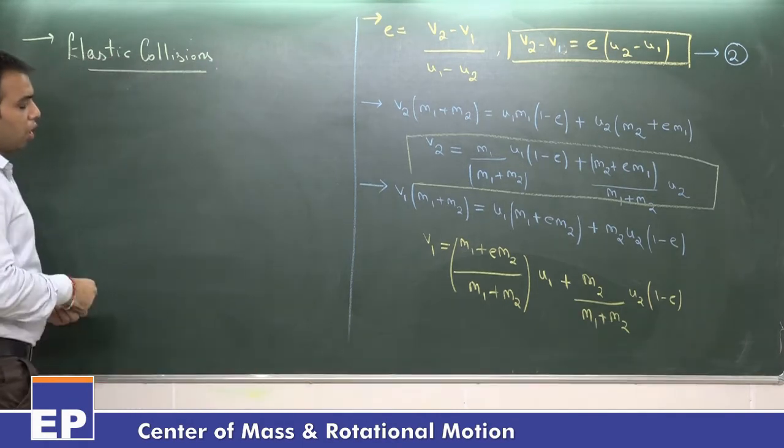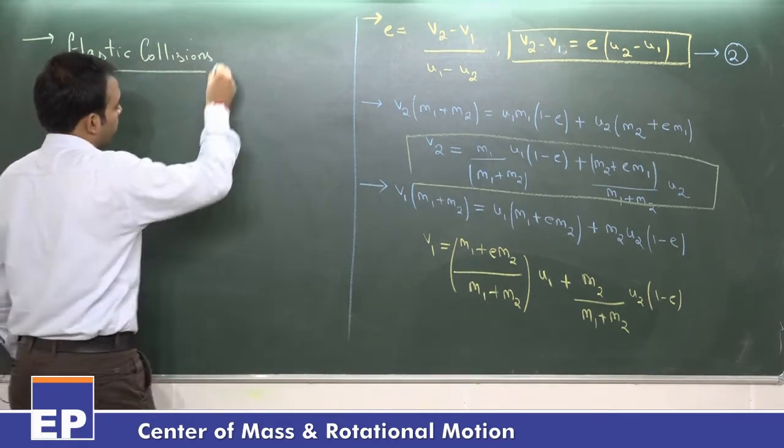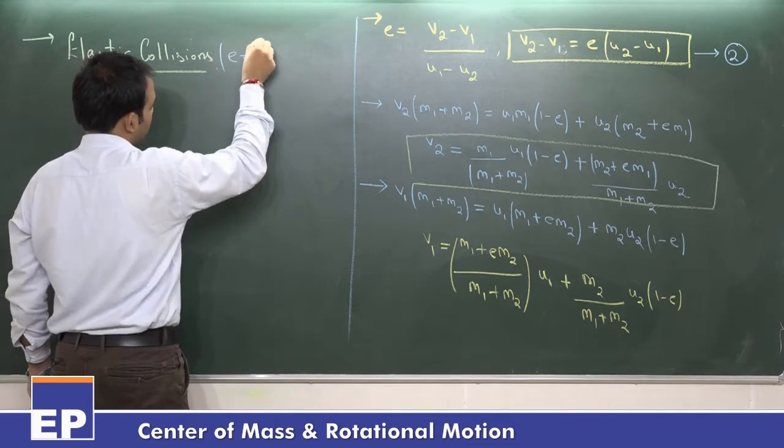For elastic collision, what is the value of E? E is equal to 1.